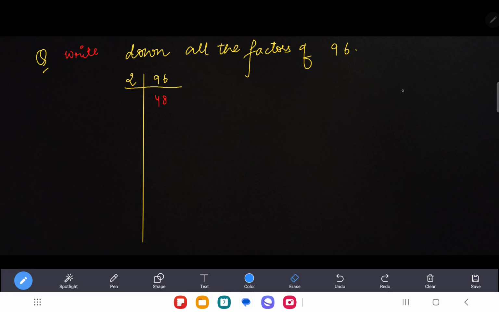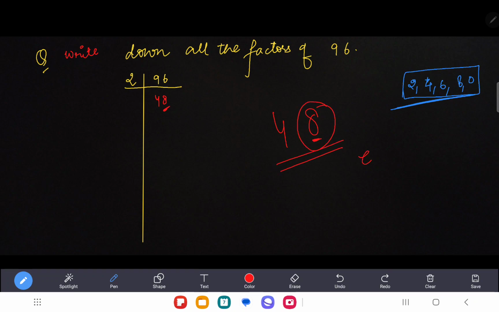2. See, if a number is ending with 2, 4, 6, 8, 0, those numbers are all divisible by 2. Do you see that 48 is ending with 8? So this number definitely will be divisible by 2 because it is an even number. Any doubts in this? No. Right?